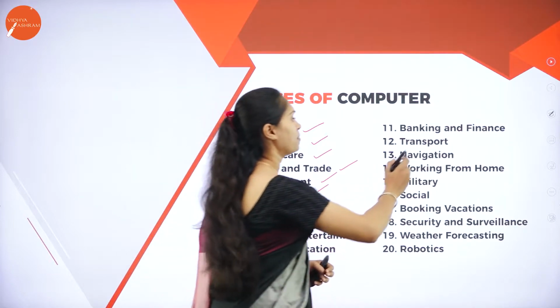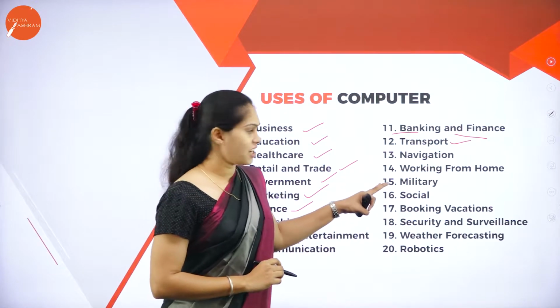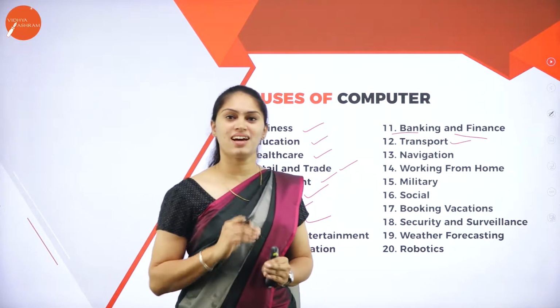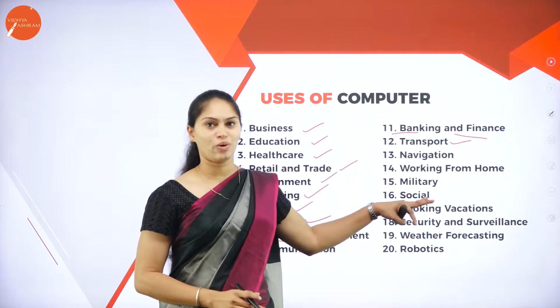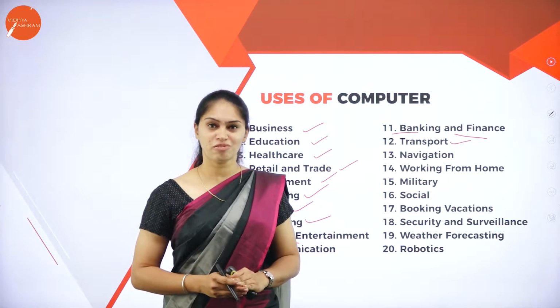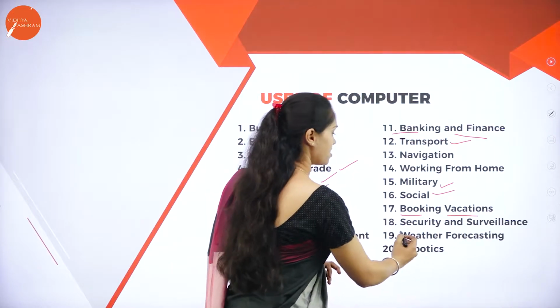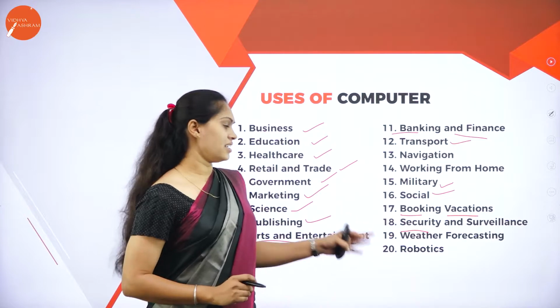After that, in banking and finance, in the transport sector, in navigation, and working from home. Most of your brothers and sisters are taking work-from-home jobs, right? For that also we require computers. And military, that is mainly in defense. After that for social purposes and booking vacations, security and surveillance, then weather forecasting, and then robotics.